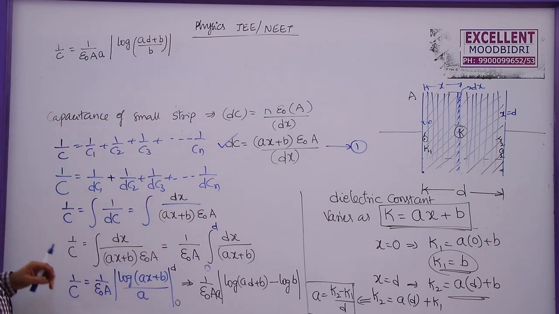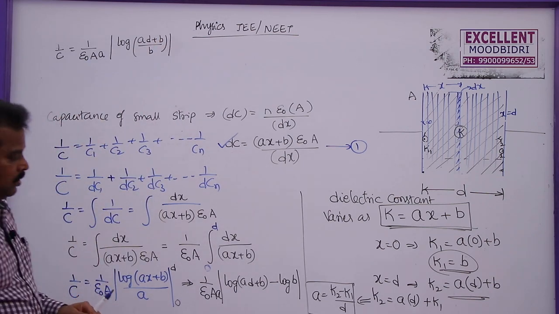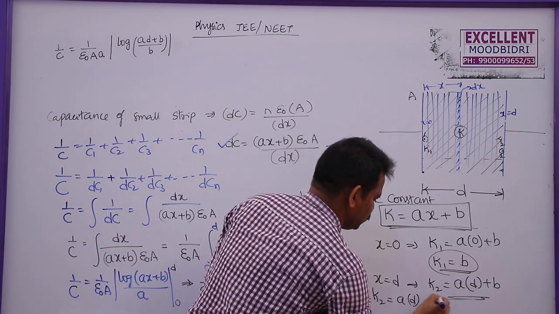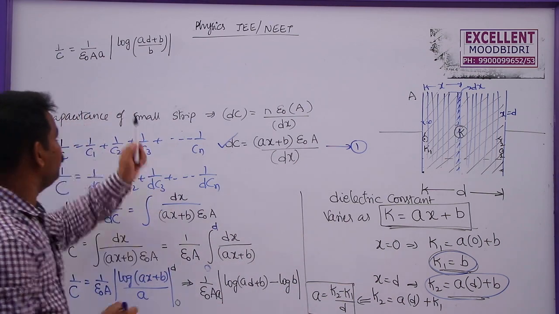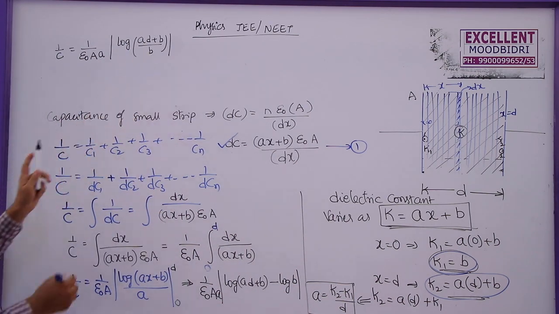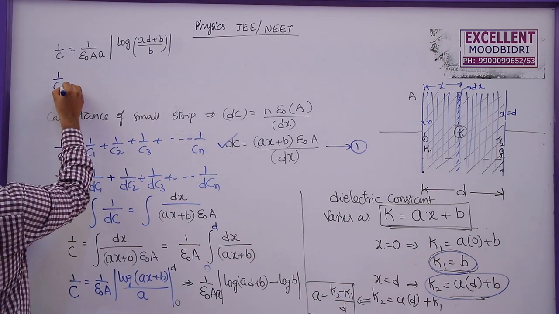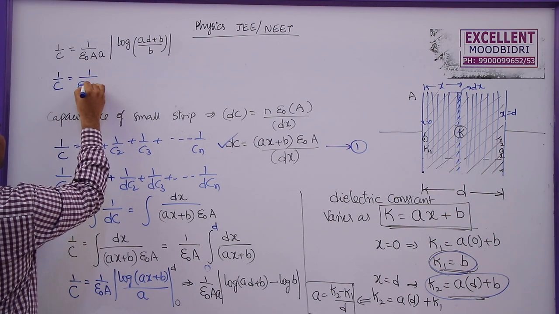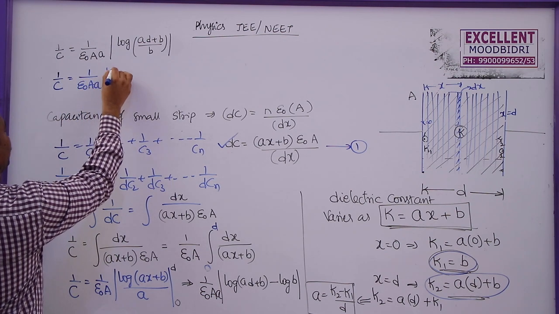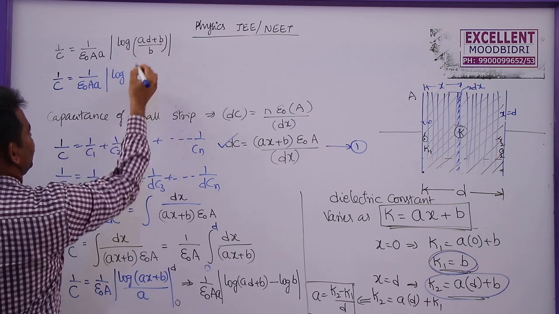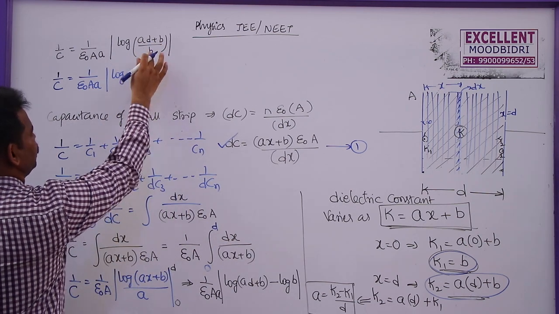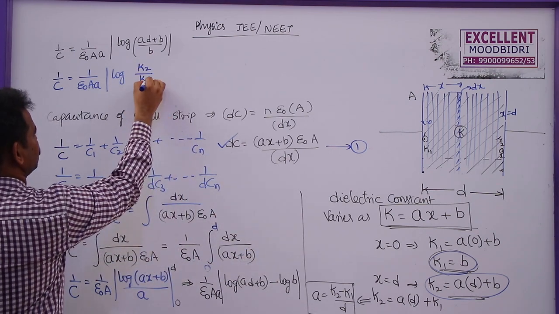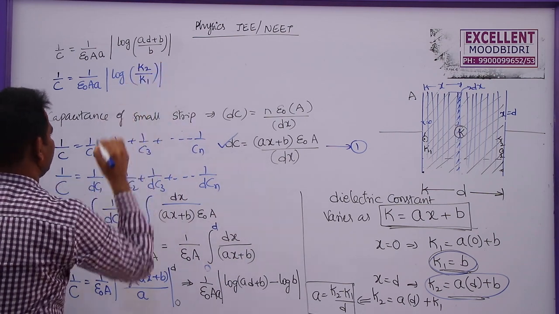But we know that ad plus b is nothing but K2 and b is nothing but K1. So now we can write this in terms of K2 and K1. So 1 by C is equal to 1 by epsilon naught A a, log of K2 by K1.